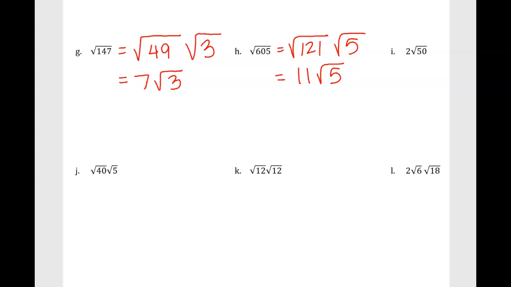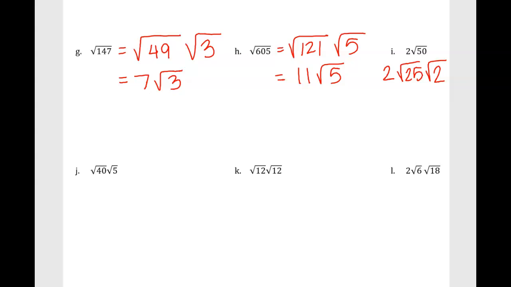Yeah, 25. So 50 becomes 2. The 2 tags along. It doesn't go away. Square roots of 25. Square roots of 2. 25 times 2 is 50. We're happy. What's the square root of 25? Very good. It's 5, right?